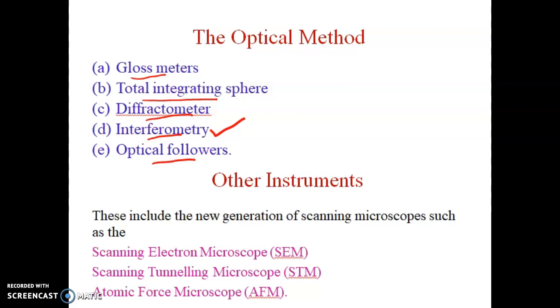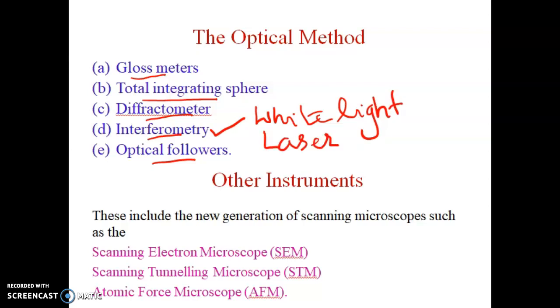Commonly used interferometers are white light interferometry or laser interferometry. Optical methods are generally known as non-contact type measuring instruments, and these white light and laser interferometry principles are used to determine 3D surface texture parameters.